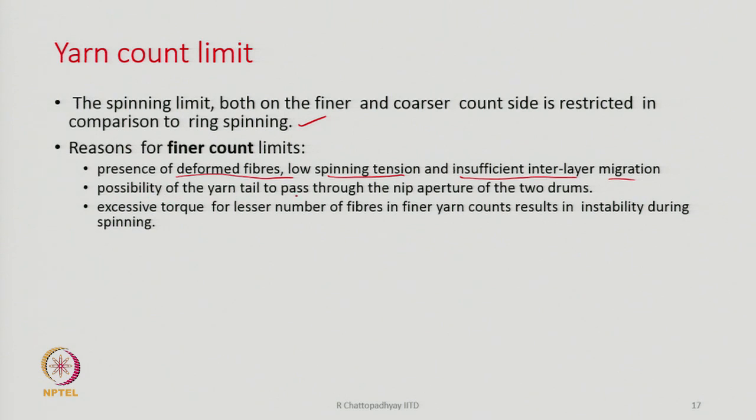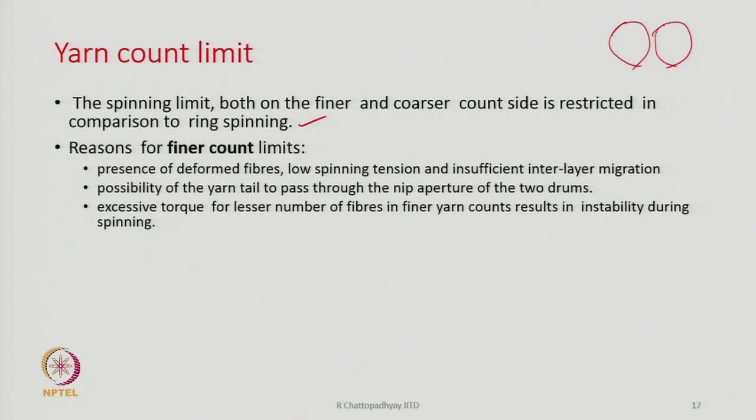Another reason is the possibility of the yarn tail passing through the nip aperture of the two drums. Between the two drums there is a little gap we maintain. The drums are not supposed to contact each other, as they are metallic material, so we have to maintain a certain distance.